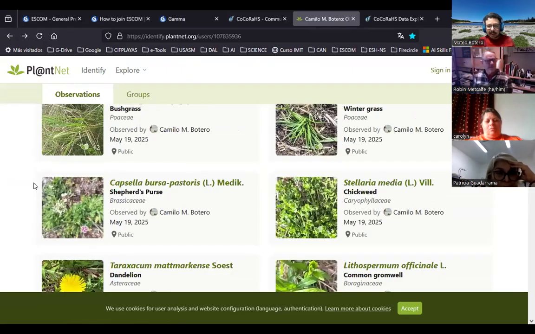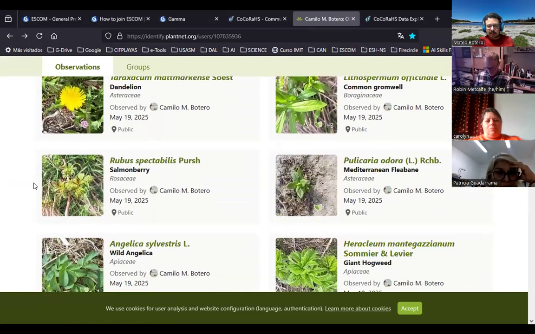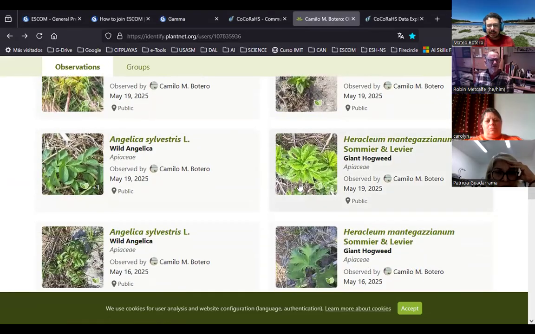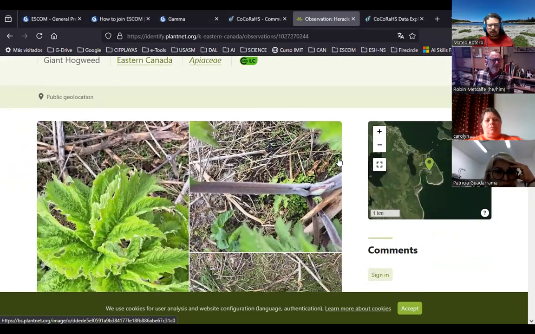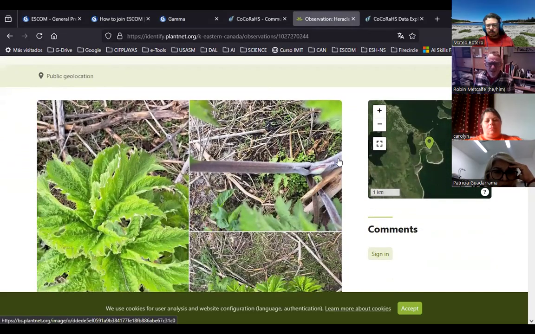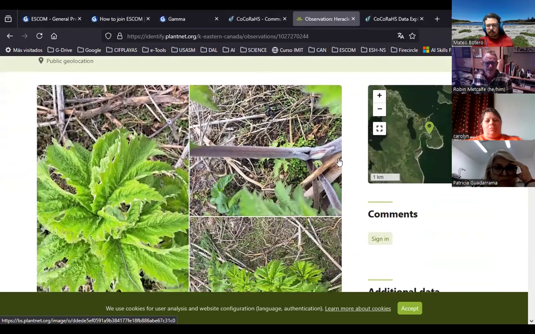But if we go to another plant, this is one that we identified that we think is not really native: this giant hogweed. I don't know, Caroline or Robin, do you identify this species? The giant hogweed? Have you seen it before?